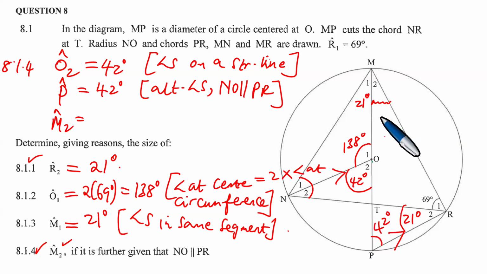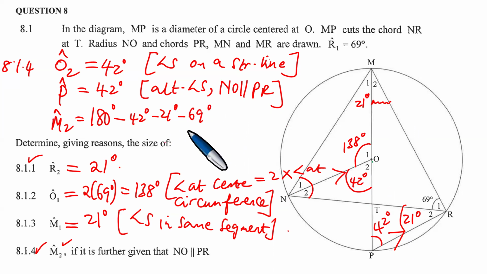We want M2, but we know this, this, and that, so we know three angles. So M2 is 180 degrees minus 42 degrees minus 21 degrees minus 69 degrees. What is the answer? It is 48 degrees.